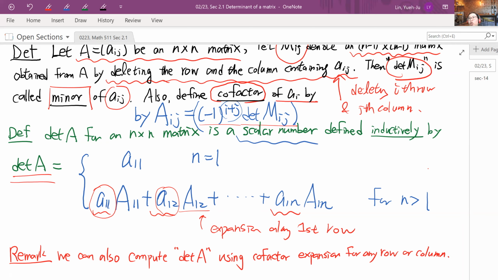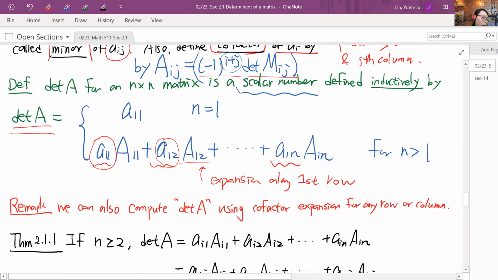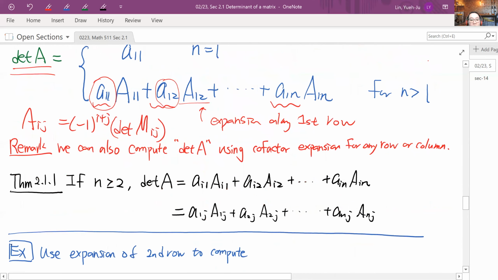First of all, before we do that, I want to show you that we actually have a general formula. Here I also want to emphasize this Aij. Let me write down the formula here again for completion. Aij here is just the cofactor. It turns out that we can compute determinant A using cofactor expansion along any row or column.